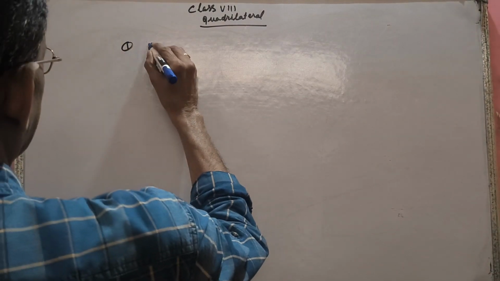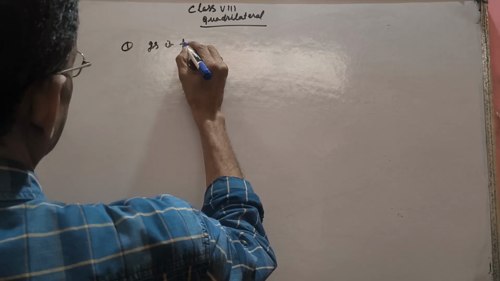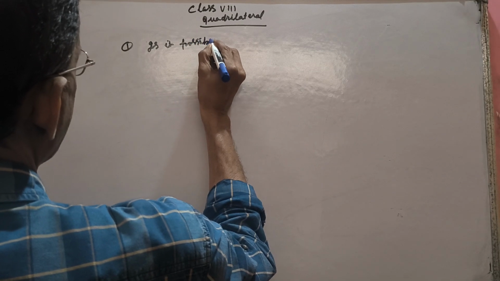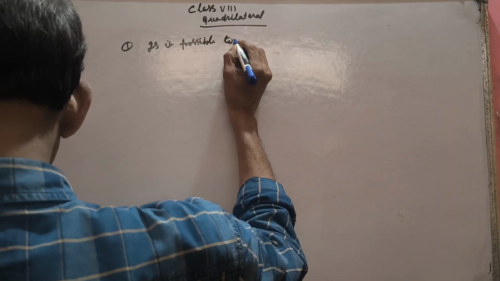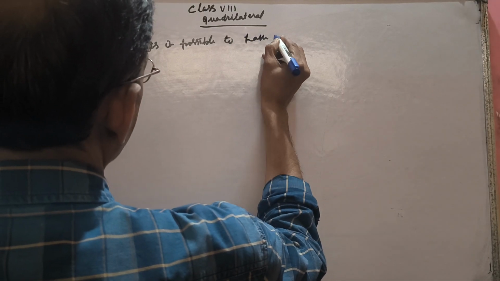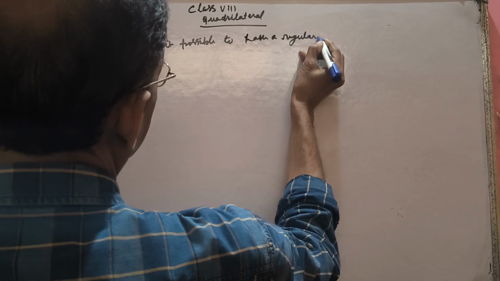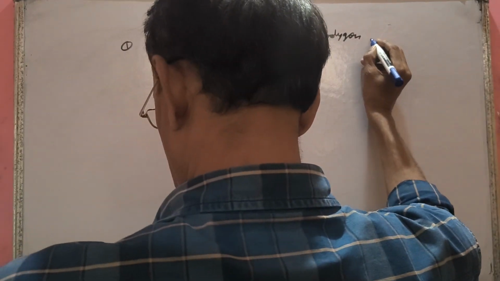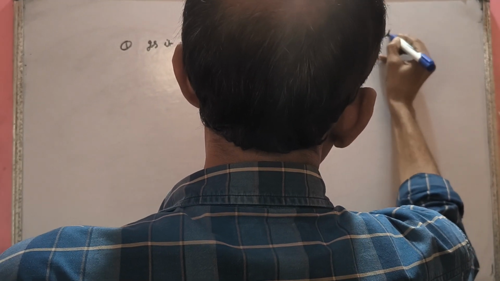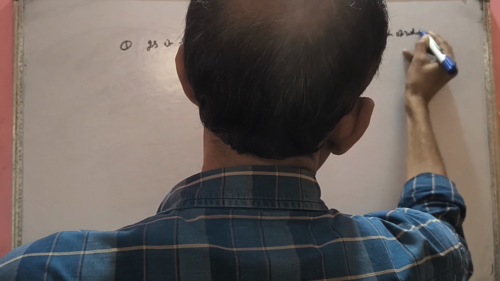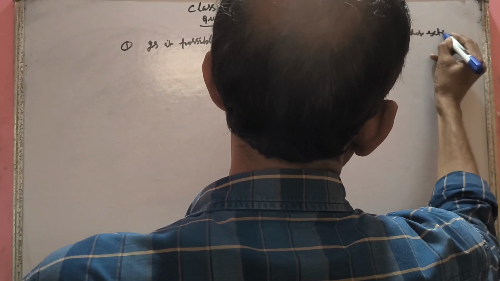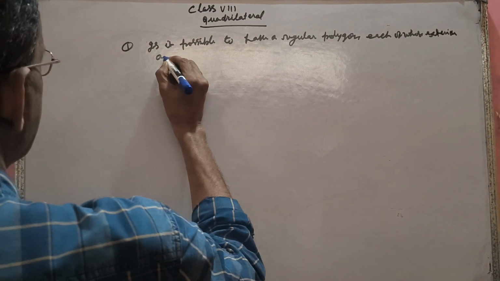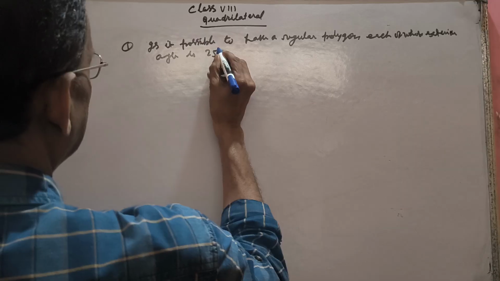The question might be: is it possible to have a regular polygon each of whose exterior angle is 25 degrees?